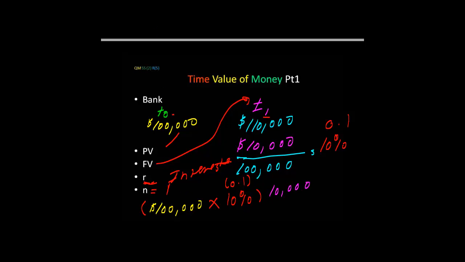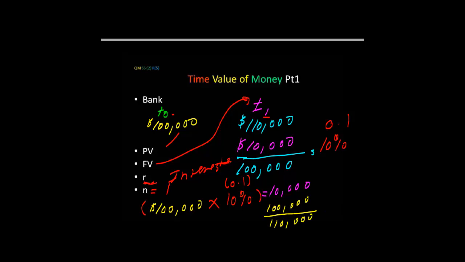Then we took this number and we added it to the $100,000. So our 10,000, we added it to the 100,000, and that's how we got the 110,000, right?